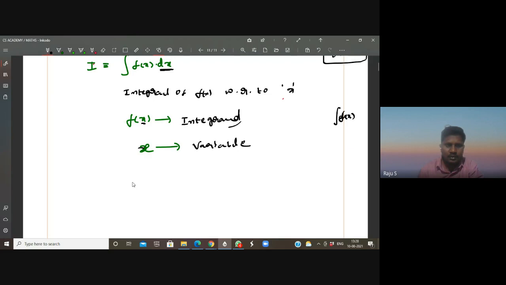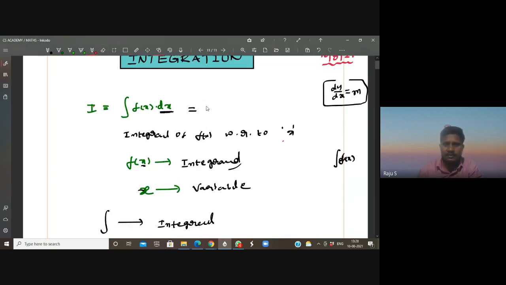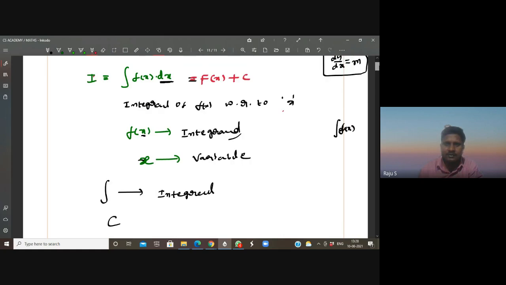Look here, what about this symbol? It represents the integral symbol. And what about the integral of f of x, and what about c here? Students, always integral f of x dx is given by capital F of x plus c.